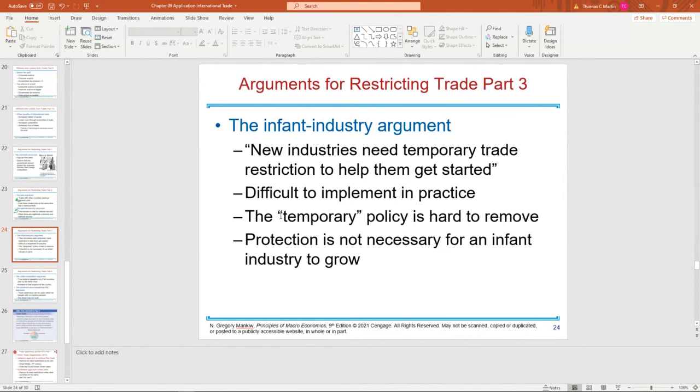Now, it'd be temporary, because if you can't make a profit without the government paying you to make a profit, when the government goes away, you're going to be a loser. So this is just to get started.